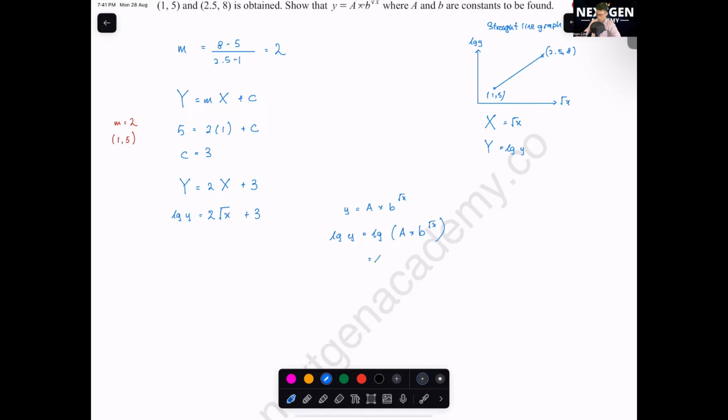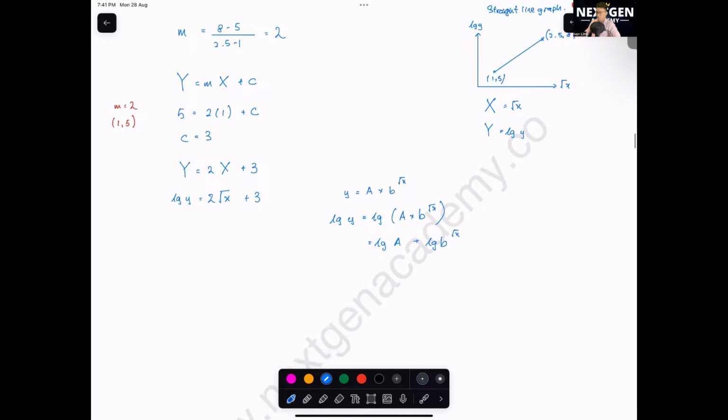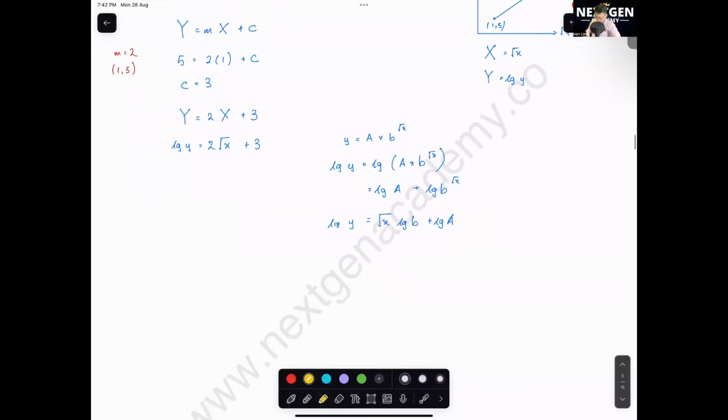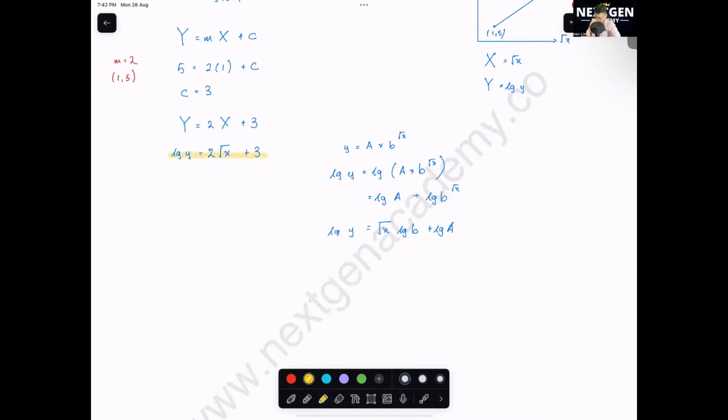Separate it, so it'll be log a plus log b to the power of square root x. Then I rearrange it. I bring the log b to the front. So square root x log b plus log a. Now I'm going to compare these two equations together.